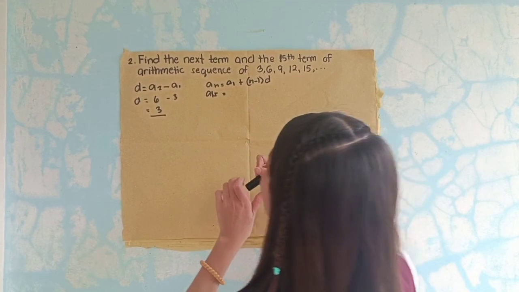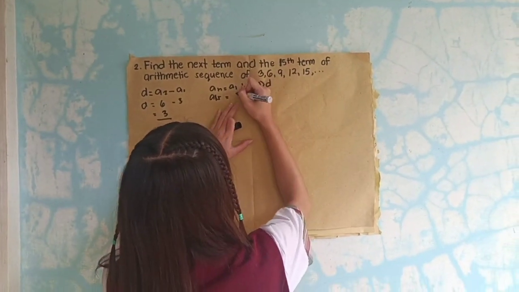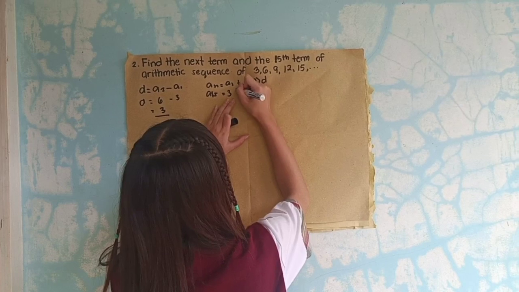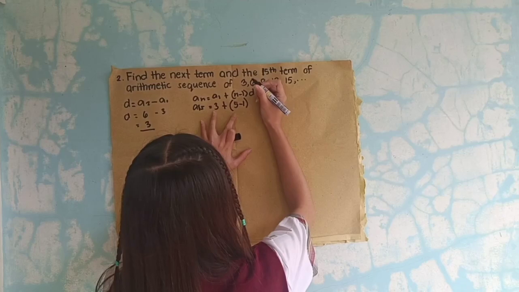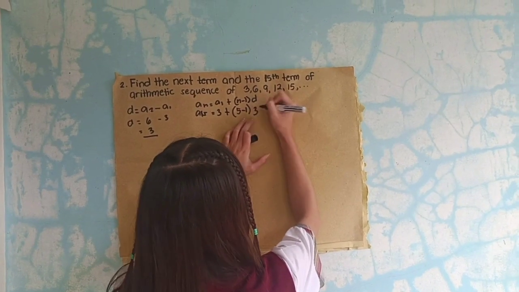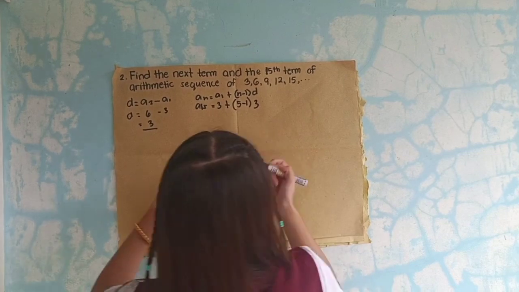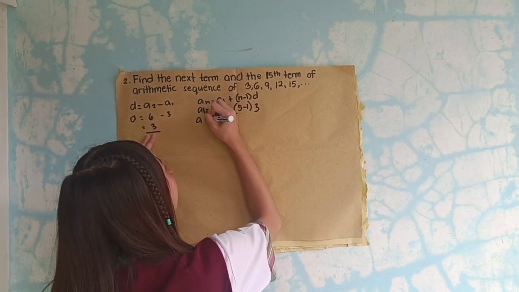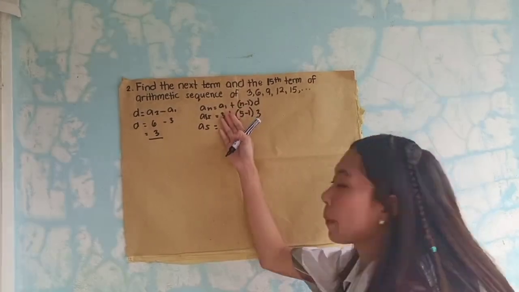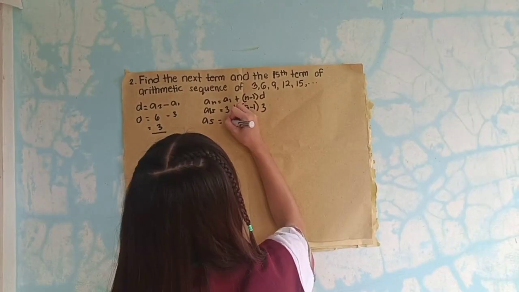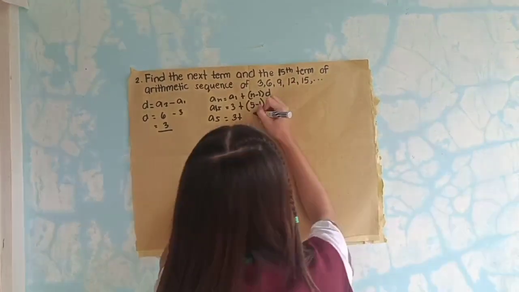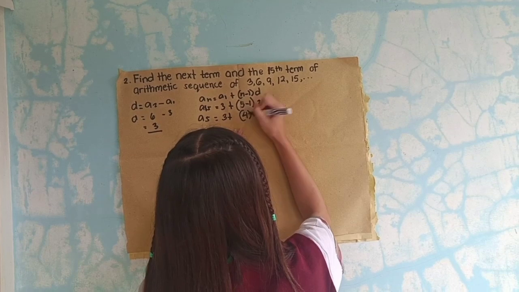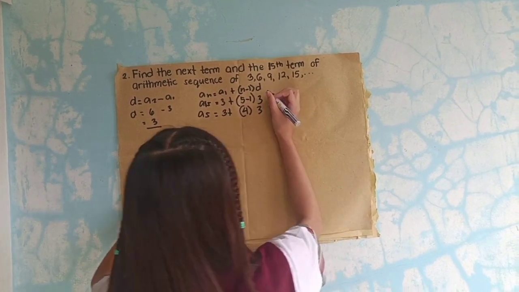A sub 5 is equals to 3 plus 5 minus 1 times 3. So, a sub 5 is equals to, ibababa ang 3. 3 plus 5 minus 1 is 4, 4, then copy the 3.